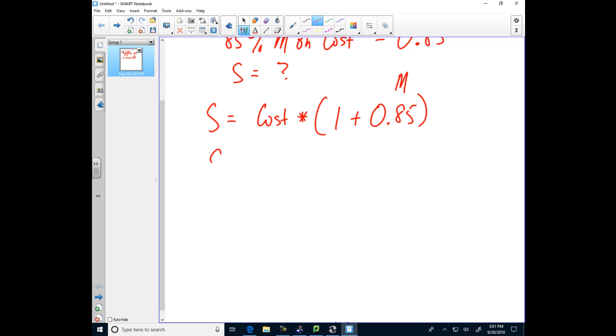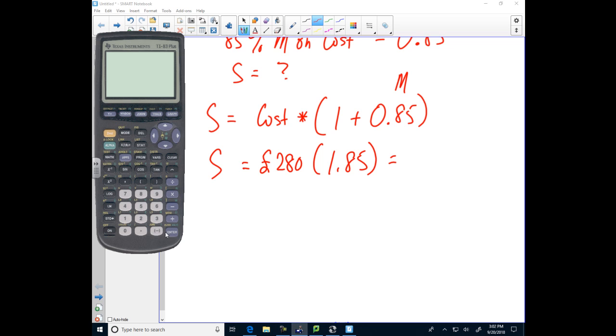So S equals, and this was 280, wasn't it? And you can add those two together if you've got a simpler calculator. If you've got a graphing calculator, you put all this in at once.